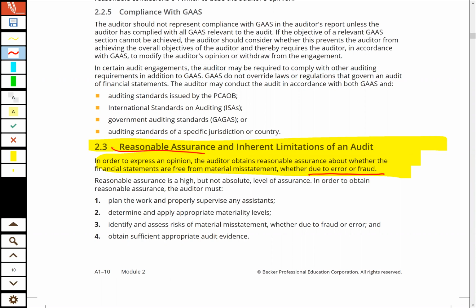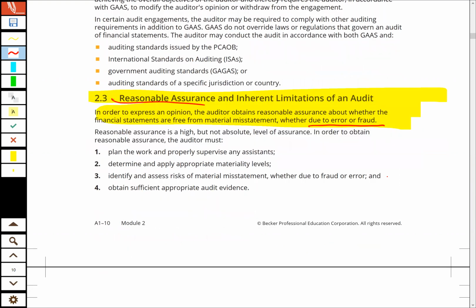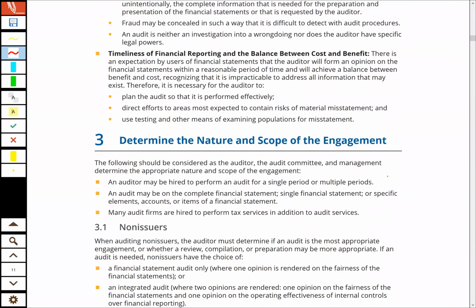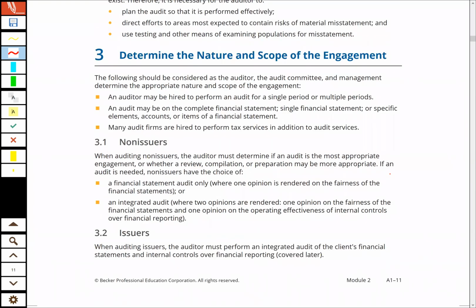Okay, good. Now, as we look at standards, we will see that standards apply to non-issuers and to issuers. As I've mentioned, the requirements for issuers point to a large extent to the requirements for non-issuers, but there are things we have to do when we audit public companies that we would not necessarily have to do for non-public companies.